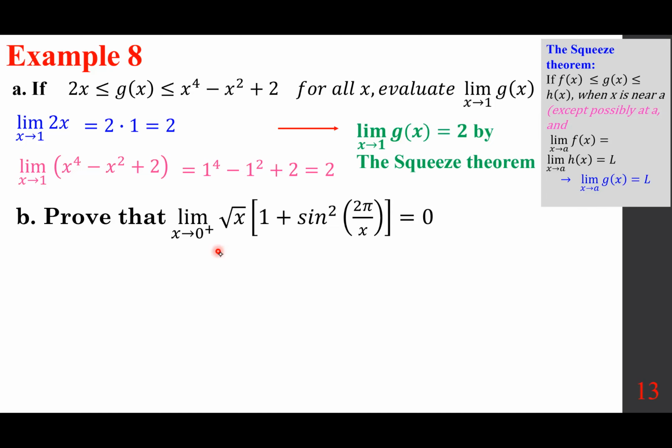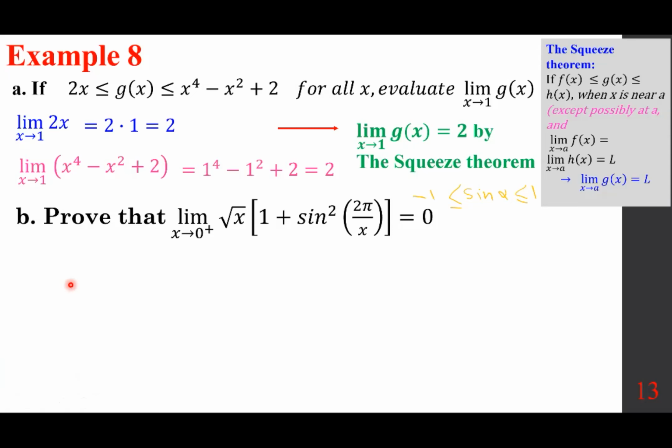We know that sine is between -1 and 1. In fact, let me not use an x, let me use an alpha. We know sine is always between -1 and 1.